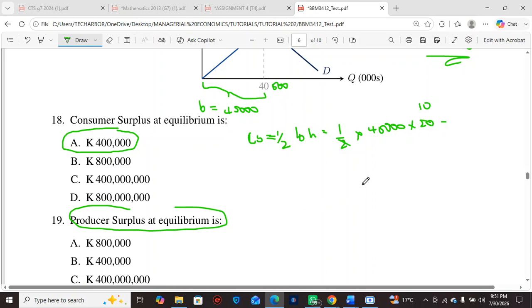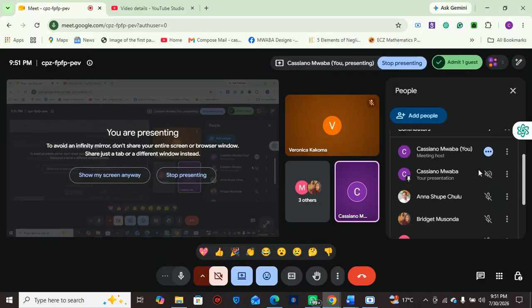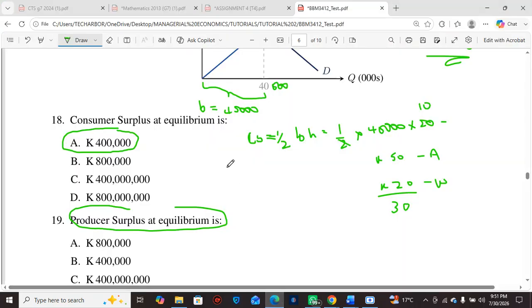So if you're a producer and you want to sell maize at 20 kwacha, but you find you can sell this maize at 50 kwacha, this is what you are willing, this is the actual. 50 minus 20, 30 kwacha. This 30 kwacha is like the extra money you earn. So consumer surplus is like a saving. Producer surplus is like an extra earning. All right.